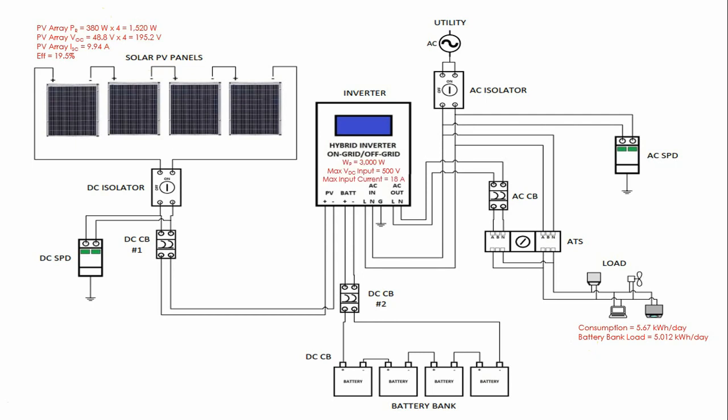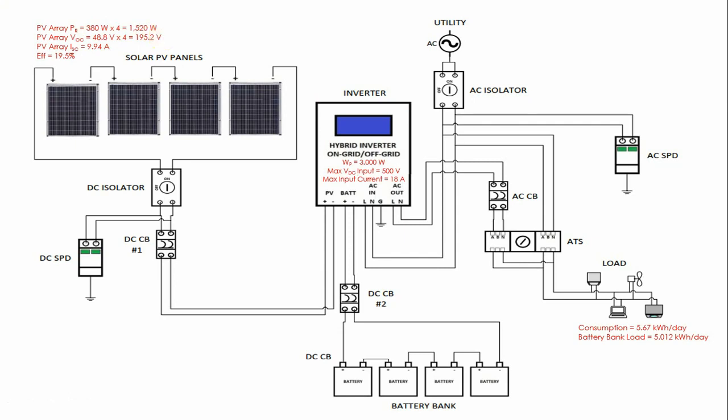In step number 3 we calculated that the inverter should have a rating equal to or higher than the power output of our solar array, which is 1.52 kilowatts. In this example we chose an inverter with a power rating of 3 kilowatts, which is higher than this.